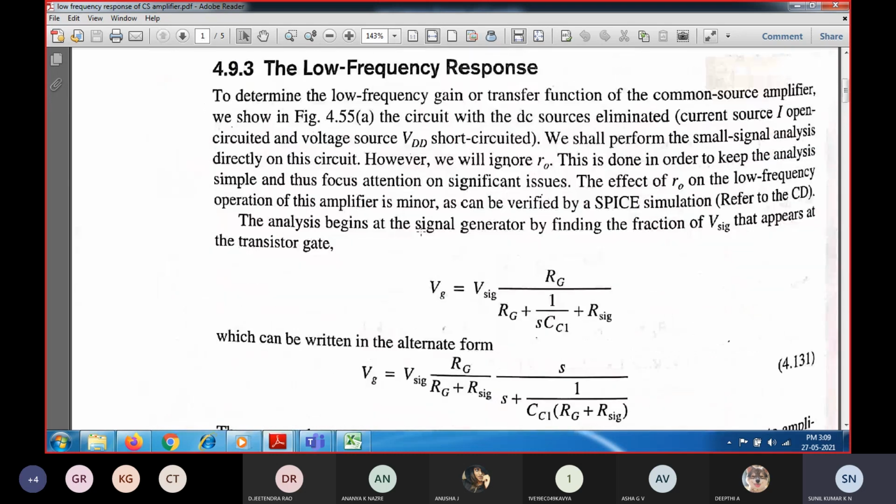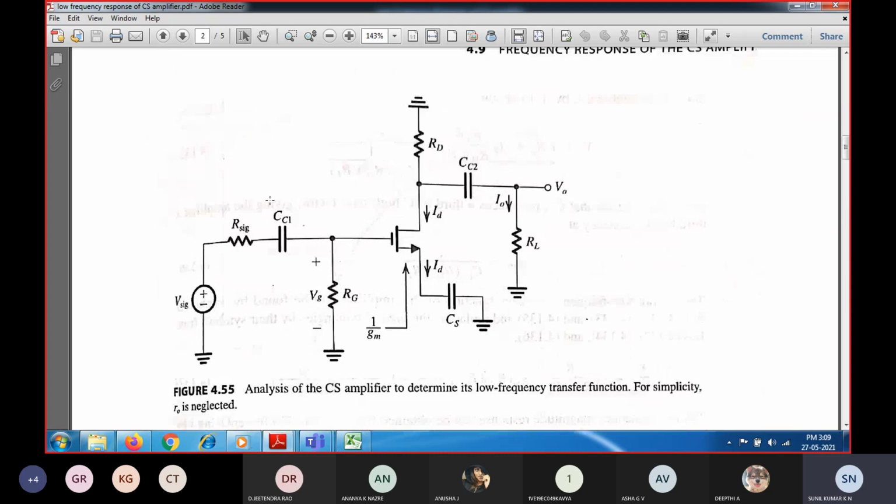First I'm going to consider CC1, converting its effect into a single time constant network, and because of CS again a single time constant network across the source terminal, and because of coupling capacitor 2 another 3 dB frequency, which happens because of the output coupling capacitor 2. So for these three external coupling capacitors, we are going to consider each one at a time, not all at a time.